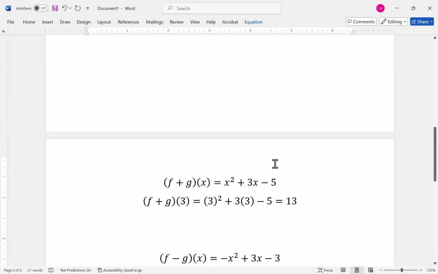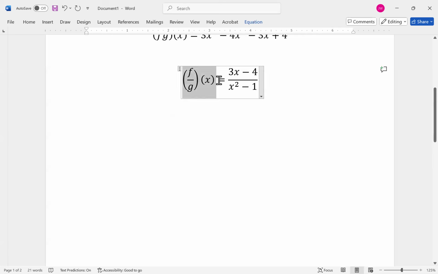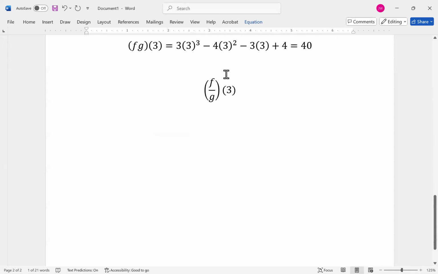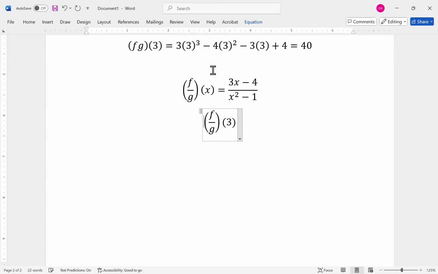And then the same thing when we divide. I already did the division in general, so now let's do the specific division of f divided by g of 3. In the numerator, you take 3 times 3 minus 4.